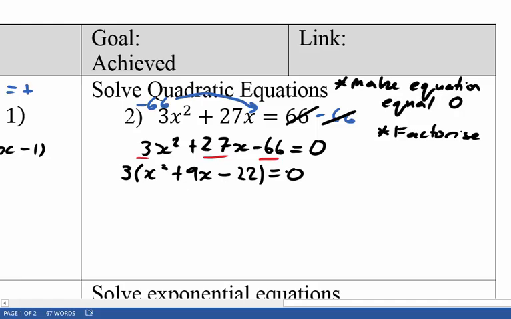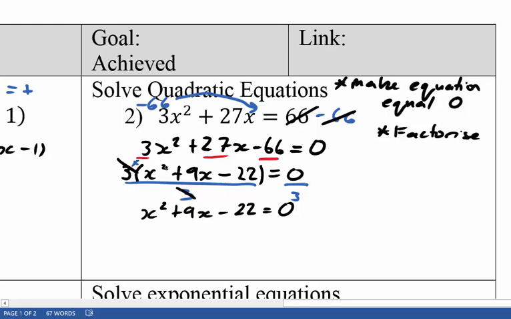Now, if I want to make it easy on myself, I'm going to try and get rid of that 3, and because the 3 is multiplying that whole thing, to get rid of it I will divide by 3. I'll divide that all by 3, and I'm left with x squared plus 9x minus 22 equals 0 divided by 3, which is actually 0.